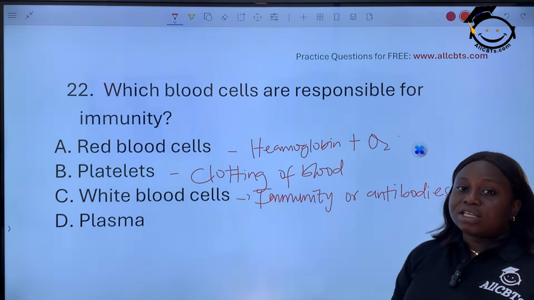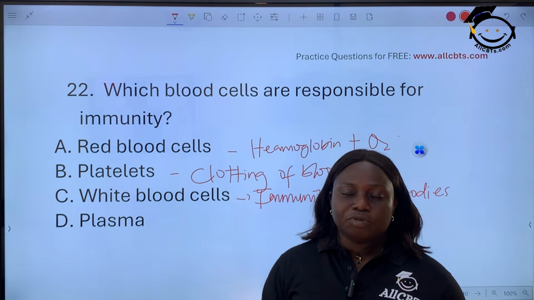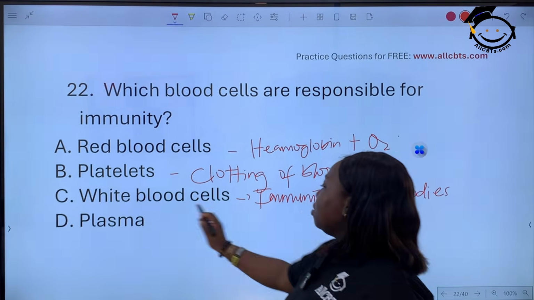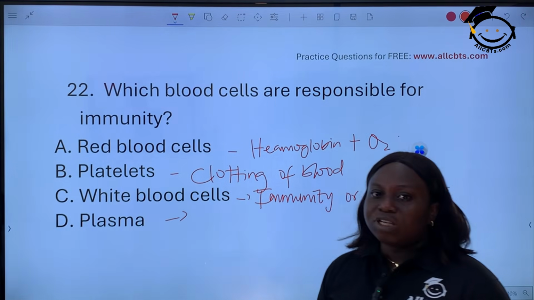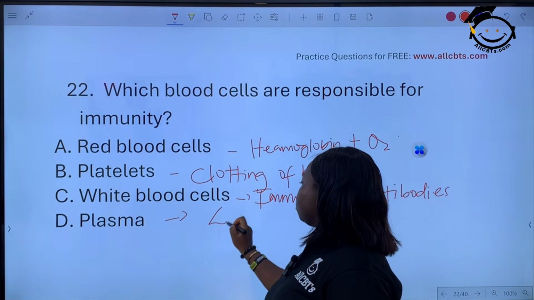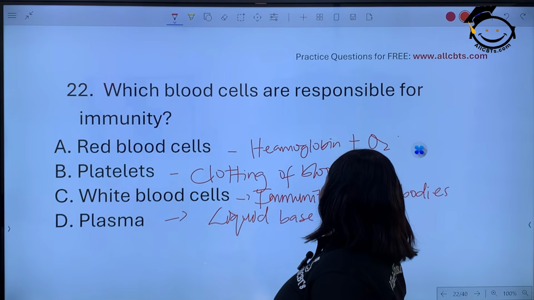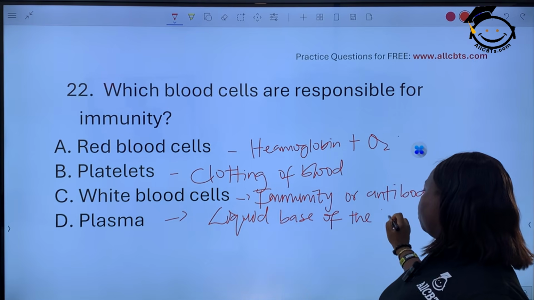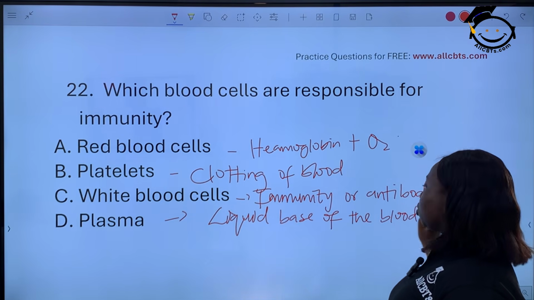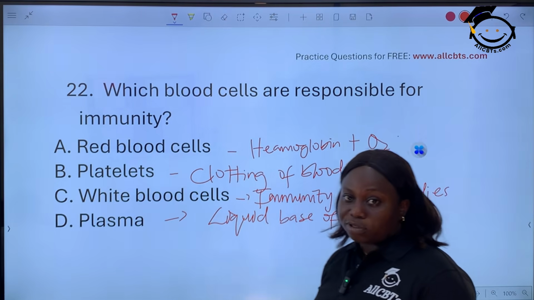Sometimes you see it as antibodies, sometimes you see it as immunity. They're both the same. Now, plasma. Plasma is the liquid base of the blood, or we can say the liquid component of the blood.